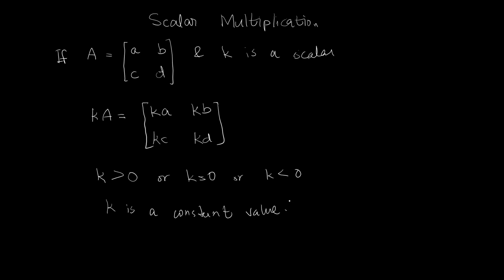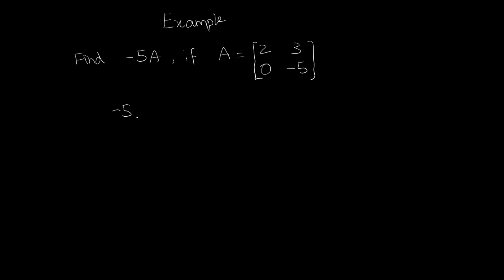That's one example. Hence, negative 5 times A would be negative 5 times this matrix.